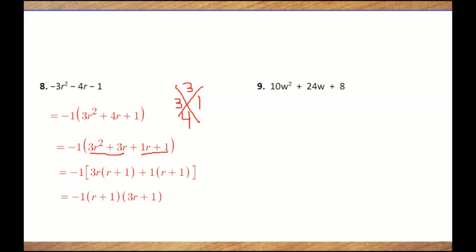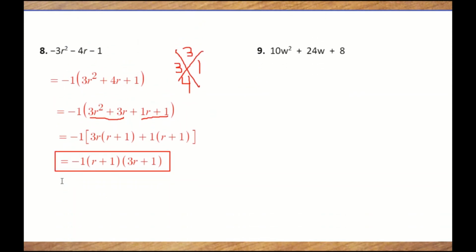So there's your answer. Now if you did not factor out that -1 up front, it's not a big deal. You would have just got a slightly different answer. There'd be two options depending on how you do the rest of the problem. Either you would have got -r minus 1 times 3r plus 1, or you would have gotten r plus 1 times -3r minus 1.